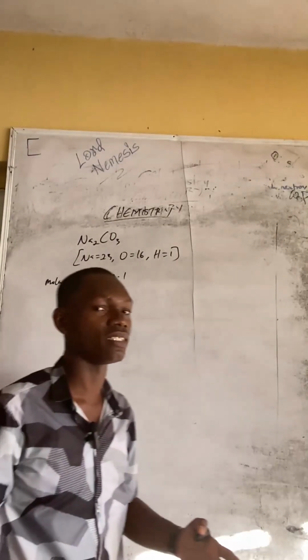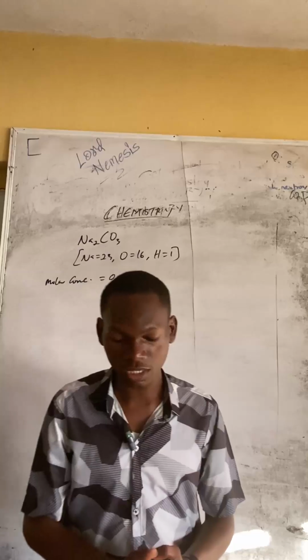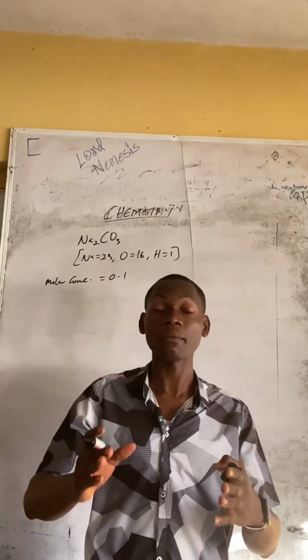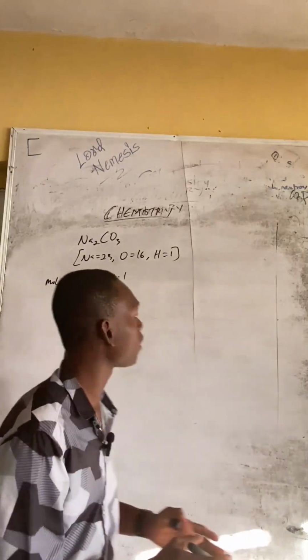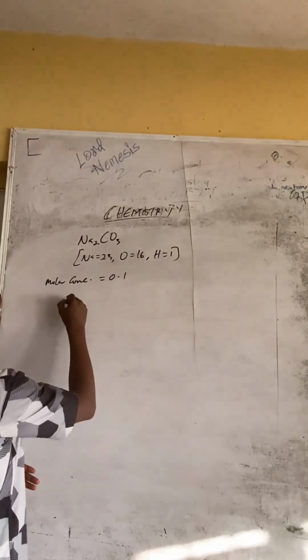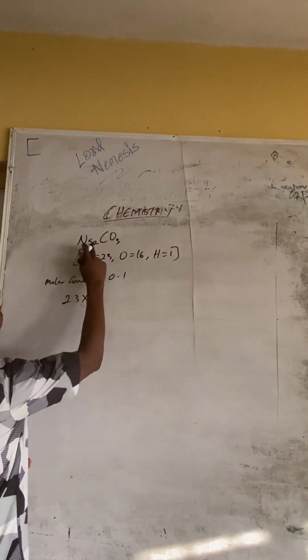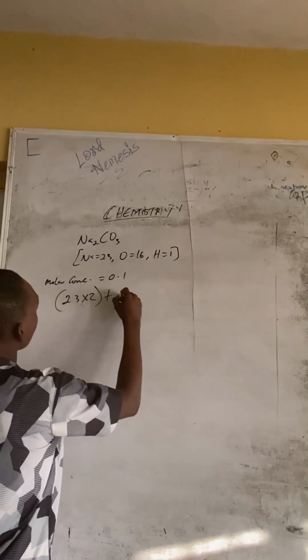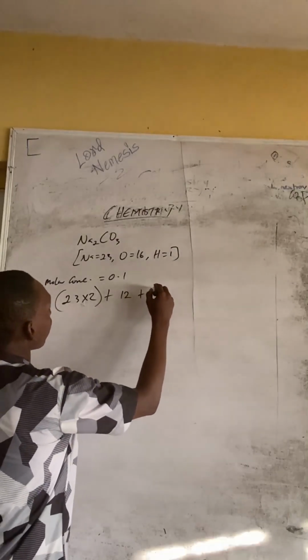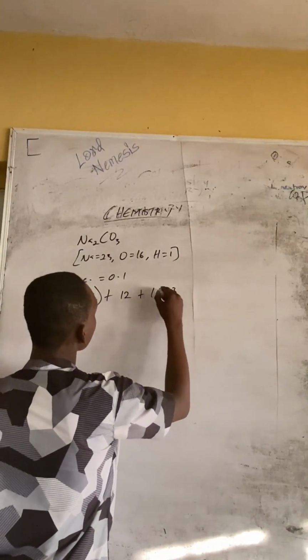Molar mass simply means summing up all the mass numbers of the elements involved. If we simply do that, sodium is 23 times 2, because sodium appears twice here, plus carbon 12, plus oxygen 16 times 3.